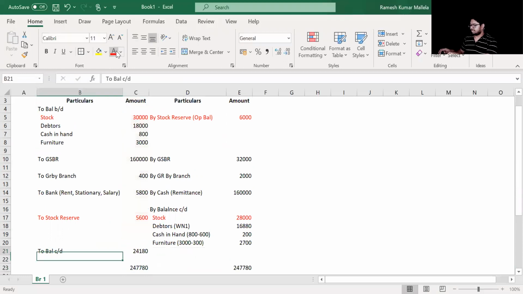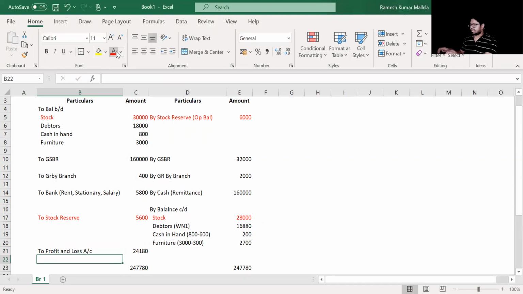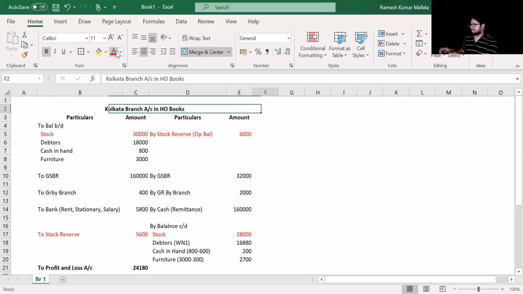So this is the profit, sorry, not balance, this profit to profit and loss account. You transfer it to profit and loss account. So this is your profit made. Clear?